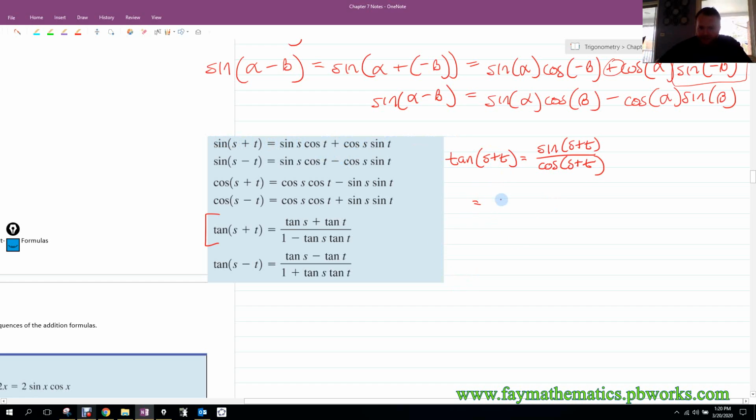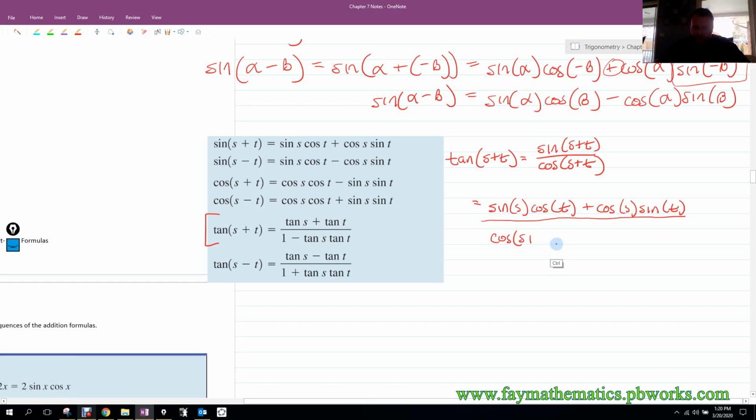Up here it's the sine of s cosine t plus cosine of s sine t, divided by the cosine of s plus t.